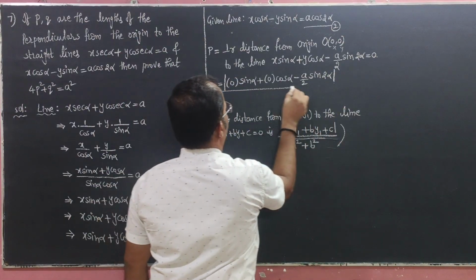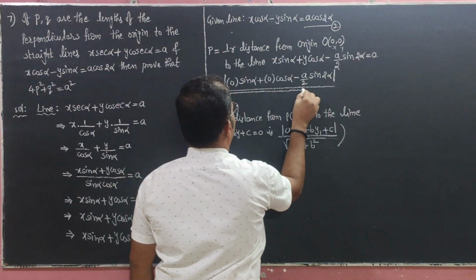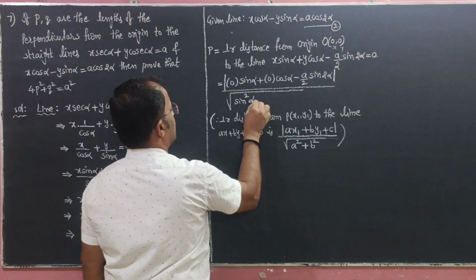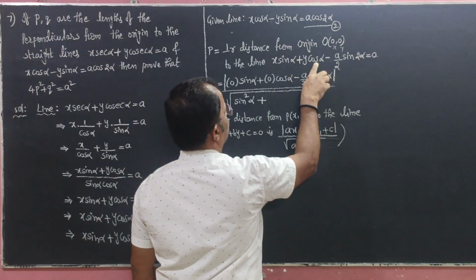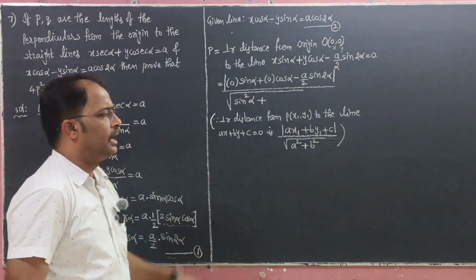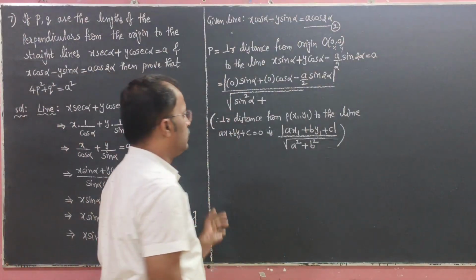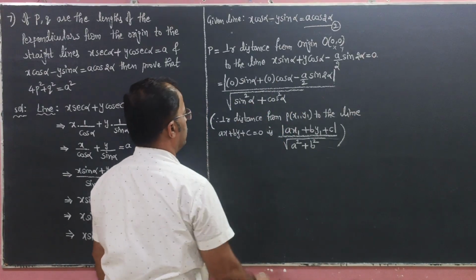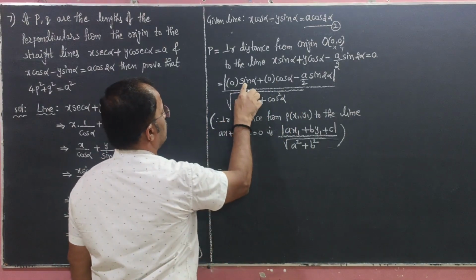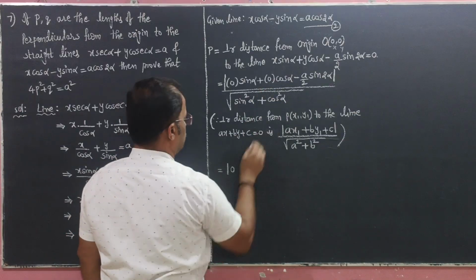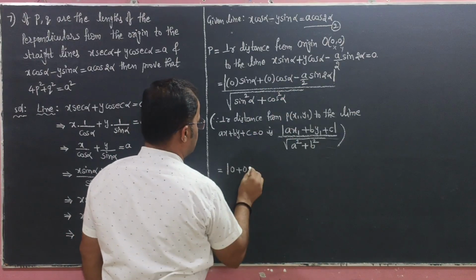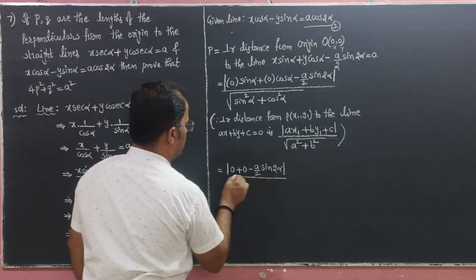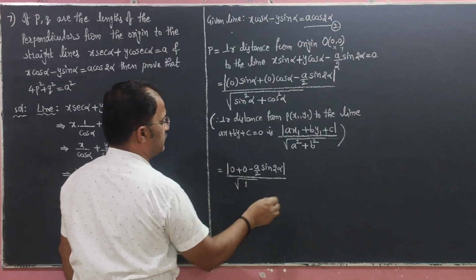Clear? By under root of x coefficient to the square. What is the x coefficient? Sin alpha, to the square means sin square alpha, plus the y coefficient to the square. Whatever is beside x, square it; whatever is beside y, square it. The y coefficient is cos alpha, therefore cos alpha to the square.